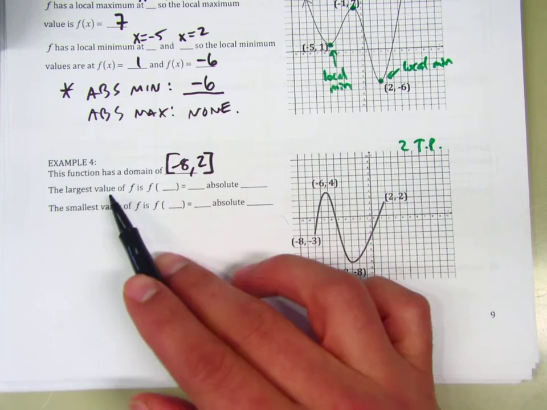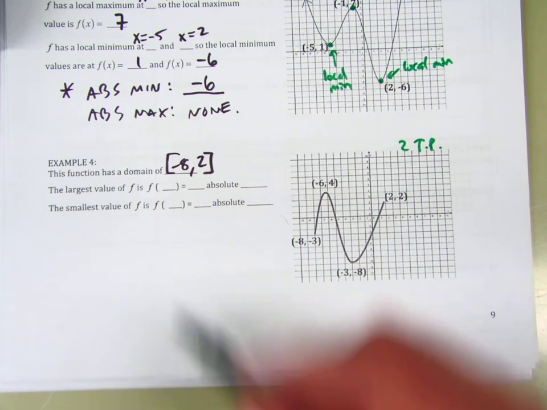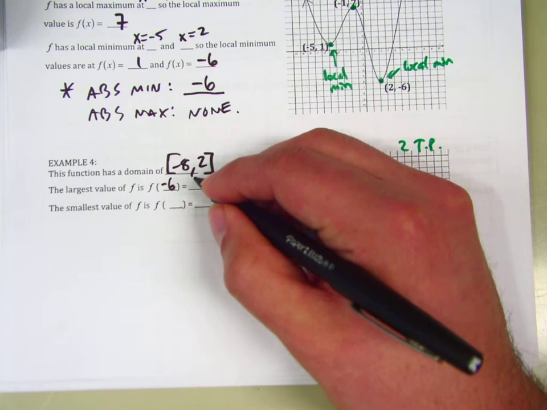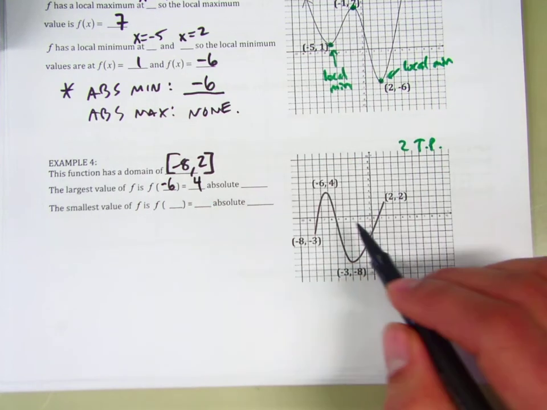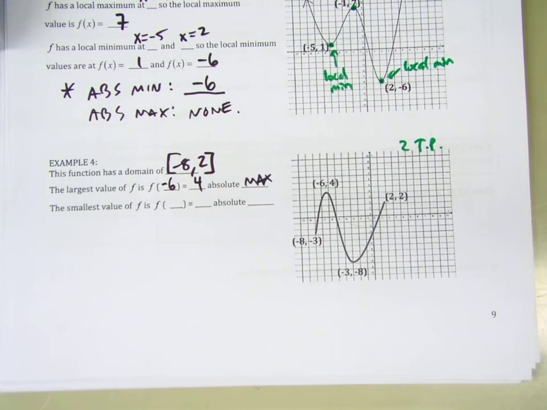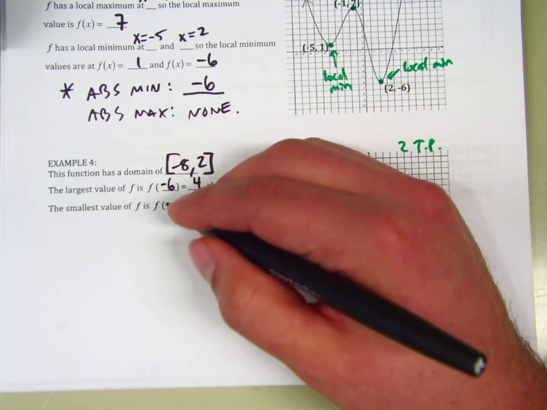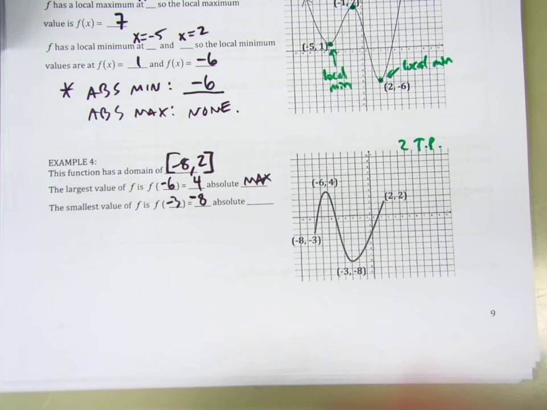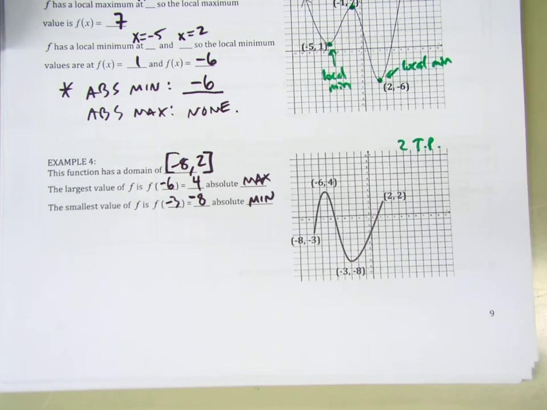What x value gives us the largest value? And what is the output there? And so this would be an absolute max. It is the absolute highest point of the graph. And the smallest value is going to be f of -8, which gives us -8, thank you, for the output. And that's an absolute min.